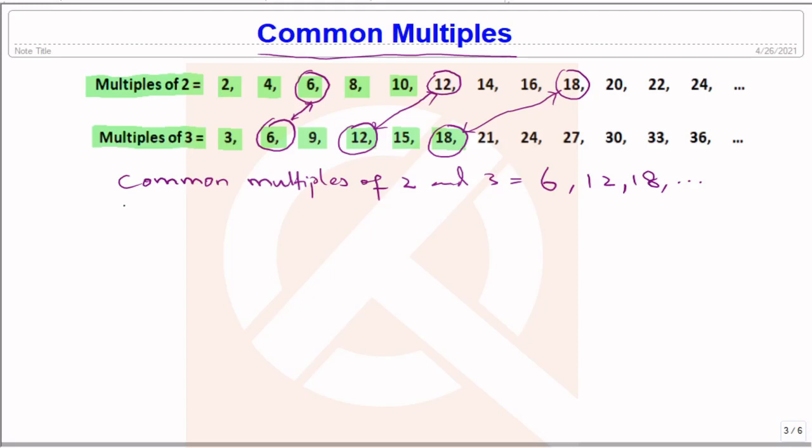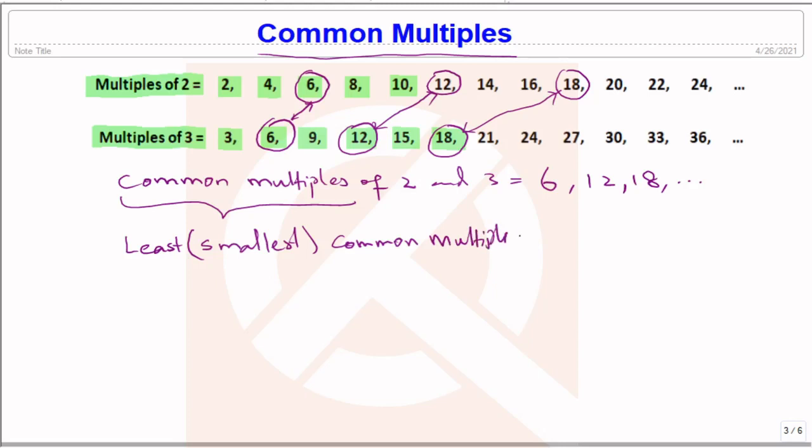Now we'll be looking for the common multiple which is the smallest. Sometimes we say least, or in other words the smallest common multiple. So which is the smallest common multiple of 2 and 3? You can see that 6 is a common multiple, then 12, 18.